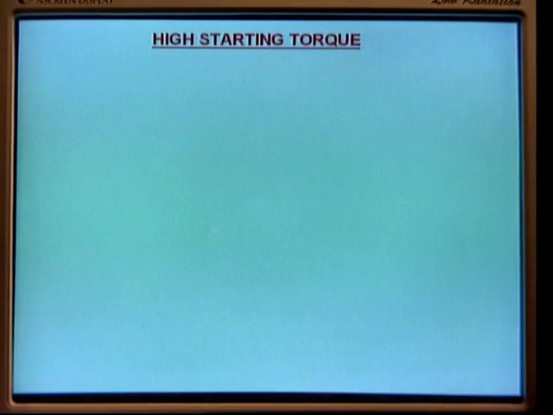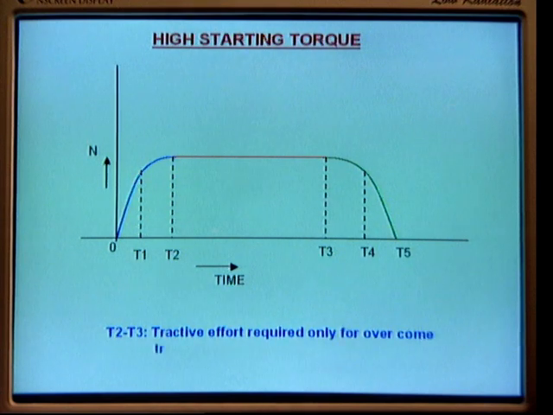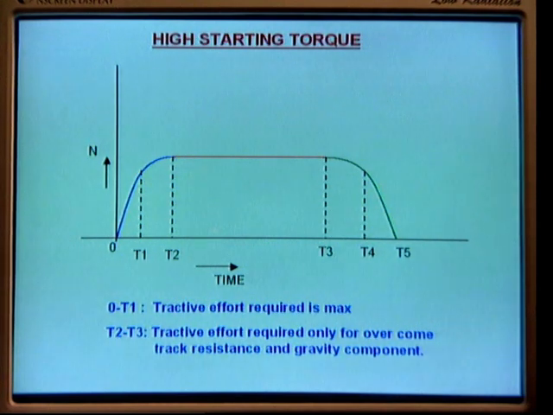So let us see them one by one in detail. High starting torque. You are well familiar with the speed time characteristics. From 0 to T1, we require a high tractive effort for acceleration of the train to pick up speed up to the required speed.